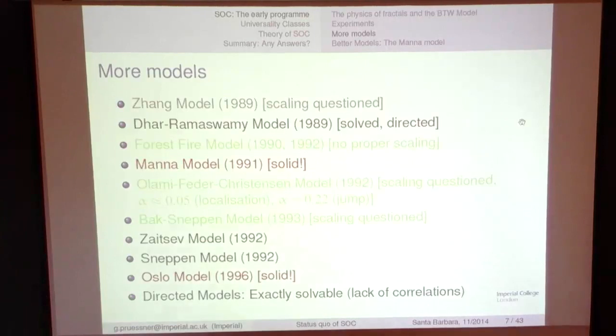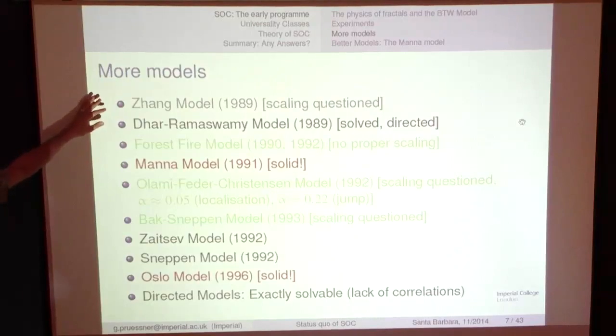So I made a list of a couple of models that were particularly popular. The first model I touched already, I think, hasn't been analyzed that much, not least because it's continuous and it's not easy to analyze the Zhang model.